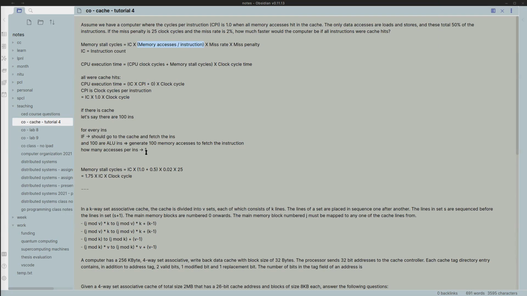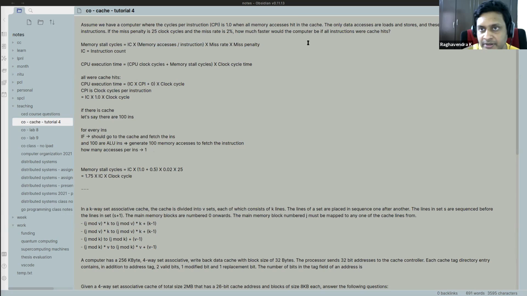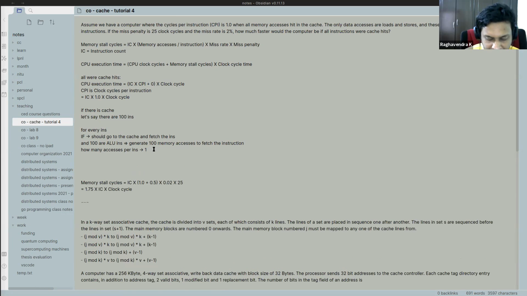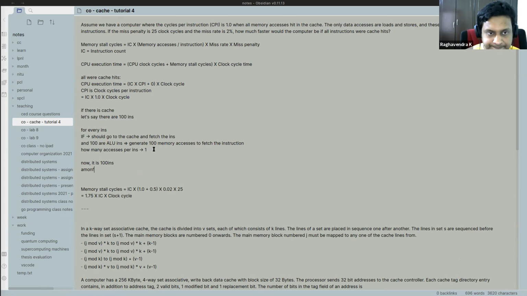Okay. So now what they are saying is, out of these 100 instructions, the only data accesses are loads and stores, and these form 50% of the instructions. So among the 100 instructions, 50 are loads and stores.